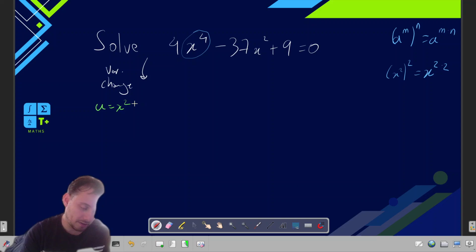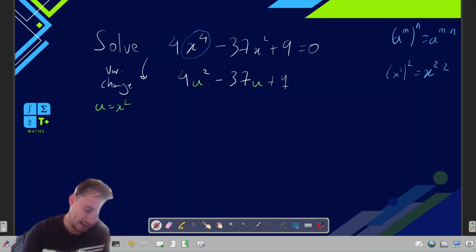So as I was telling you earlier, this x to the power of 4 is x squared squared, but x squared is u. So this equation is u squared, then we subtract 37, and I have an x squared, but x squared is u, and then I add 9, and this equals 0.